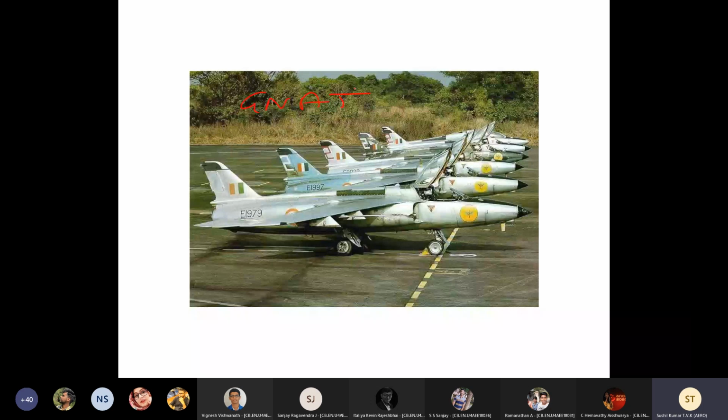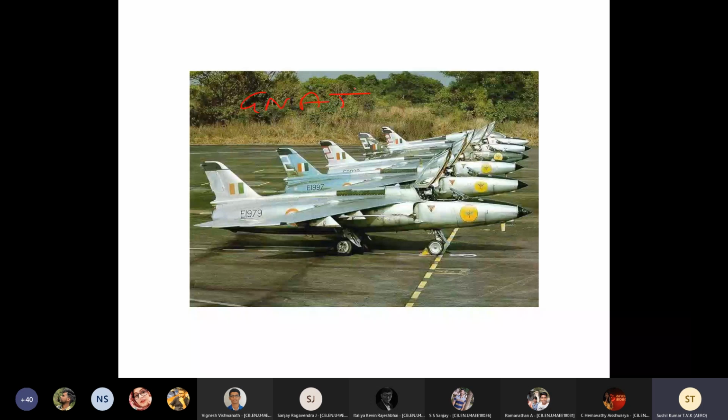Because the thrust to weight ratio of this aircraft was very good. And people in those days were looking only at speed, how to go beyond Mach 2 and all. Whereas India, not being that rich a nation in those days, couldn't afford to buy supersonic fighters. Anyway, the Americans were not willing to sell. Russians were just developing the MiG-21s.